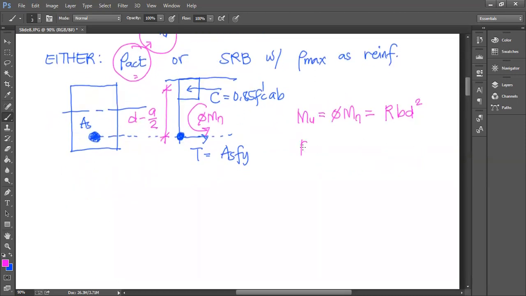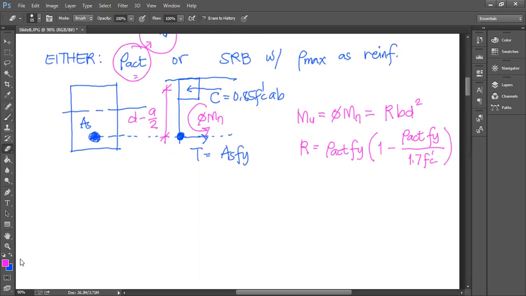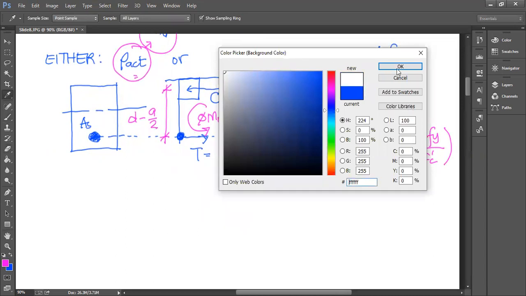Wherein, alam natin na yung R is equal to raw actual multiplied by Fy multiplied by 1 minus raw actual Fy all over 1.7 F prime C. Of which may kulang pa tayo dito sa value ng R since hindi nominal ang hinahanap natin.